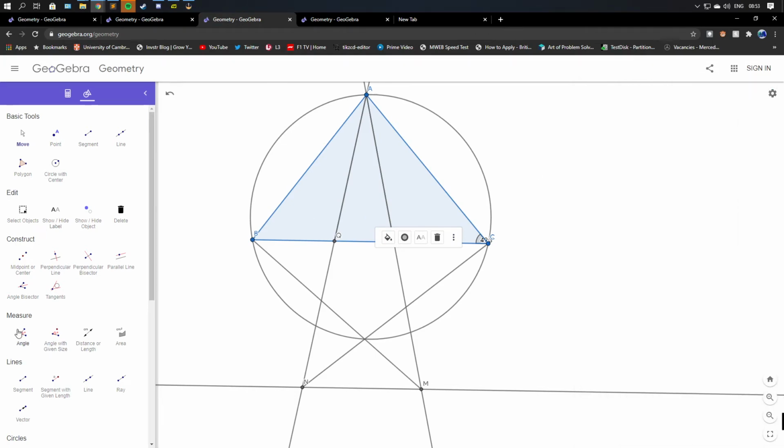Now, they've given us information about angles, so let's just write down what those angles are. In particular, we have, okay, so we have this one here is equal to this one here, and this one here is equal to this one here.